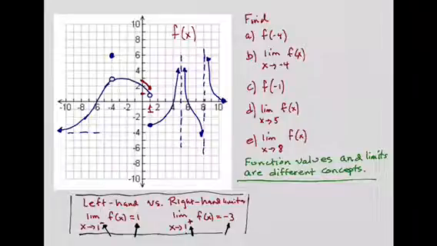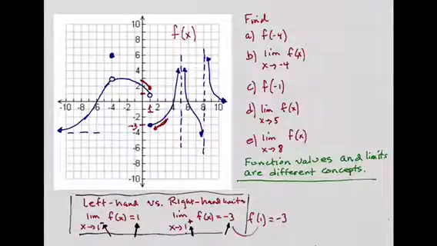So I'm going to be taking x values that are just to the right of 1, really small values, and asking what y value the function is approaching. And it is approaching -3. The function value, f of 1, happens to be -3 as well.